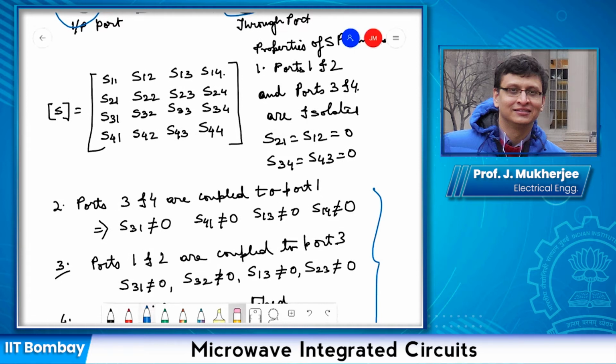First of all, due to reciprocity, we can change these values like this.